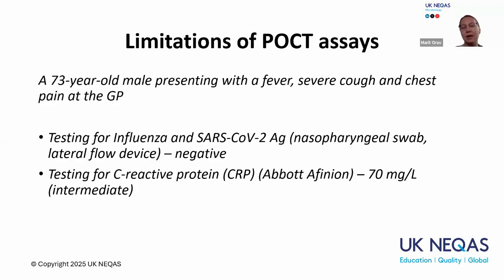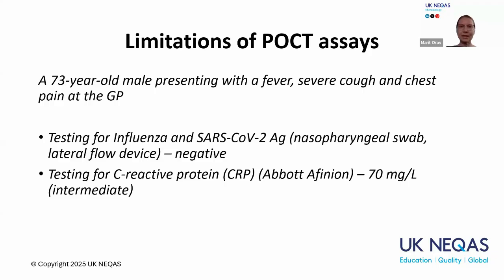At the practice, the following testing is done. Using a lateral flow device and an oropharyngeal swab, there's testing for influenza and SARS-CoV-2 antigen, and the result is negative. Then there is testing for C-reactive protein using a benchtop analyzer, and the result is 70 milligrams per liter, which is intermediate.